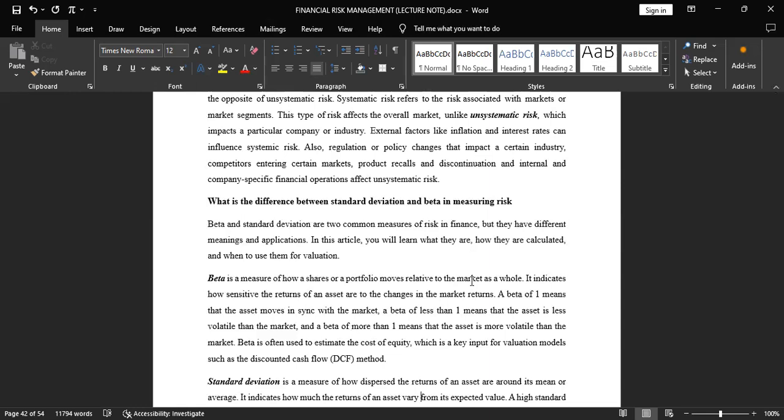Okay. Now, beta measures how your shares or your portfolio or your security respond to the risks in the market. Does it respond exactly? If it responds exactly as the market changes, as the market moves, then it means it's as risky as the market.